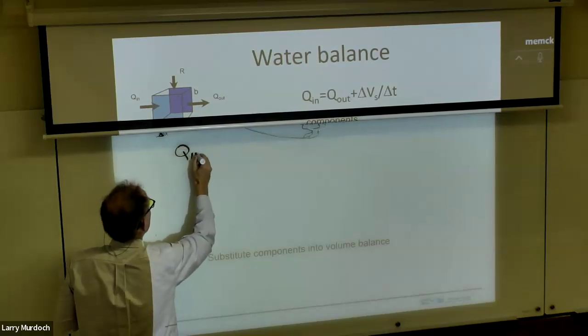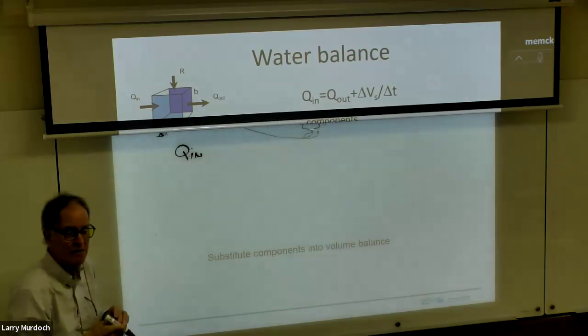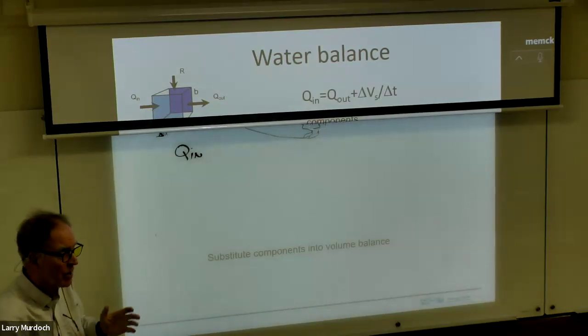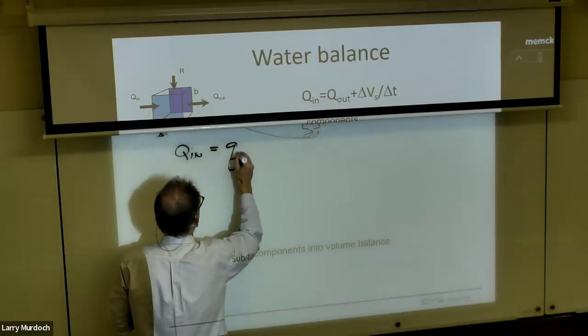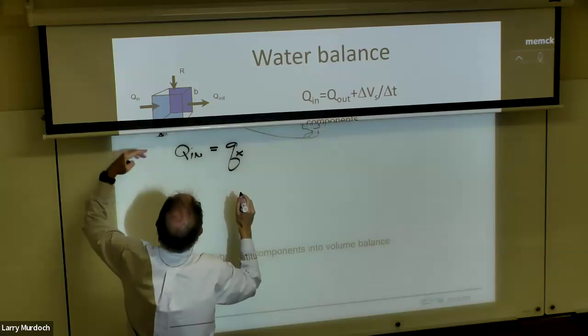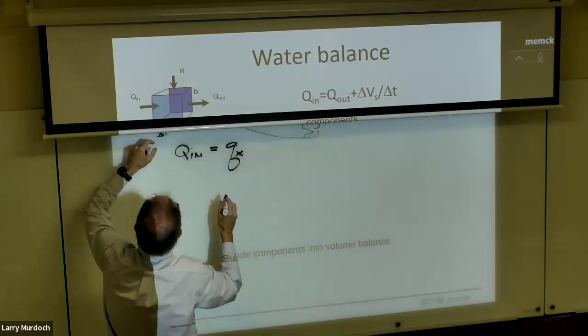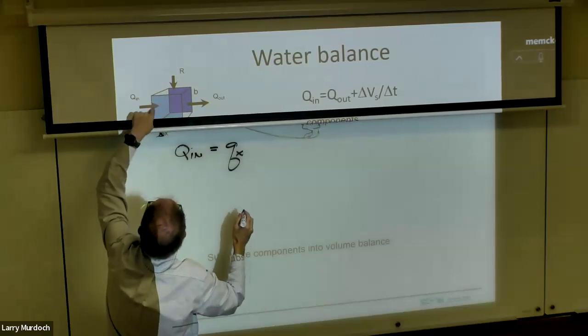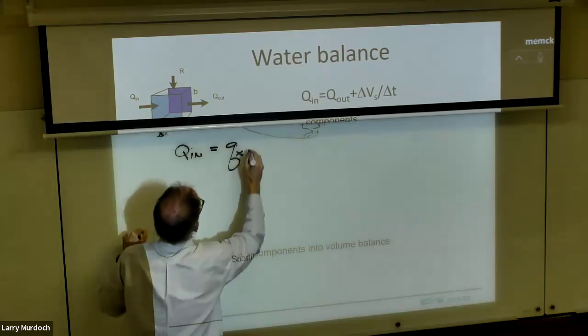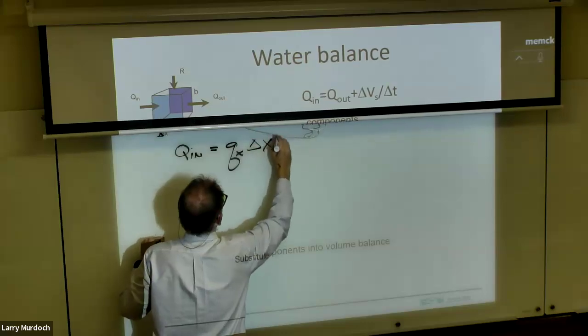So the Q in, remember capital Q is volumetric flow rate, a volume per time. And we can write that as a flux in the x direction times the cross-sectional area, which for this will be like that square there, which would be delta x times b.